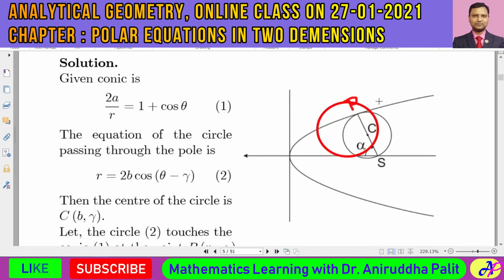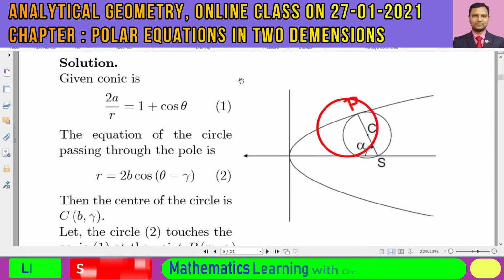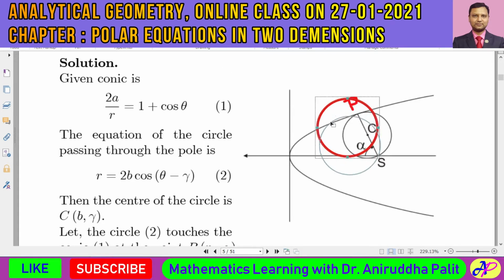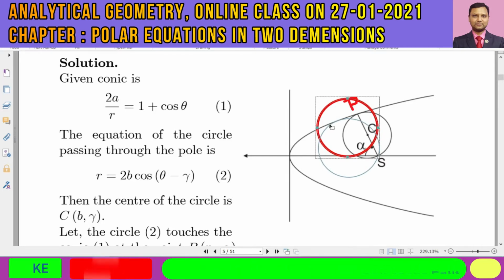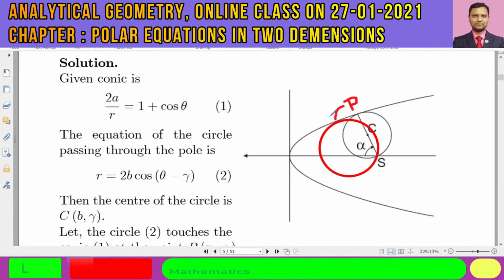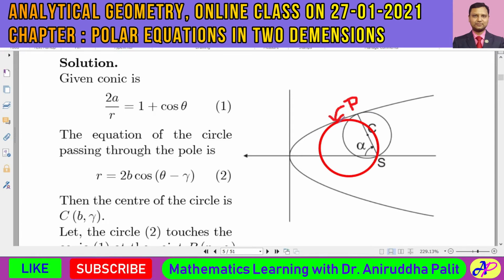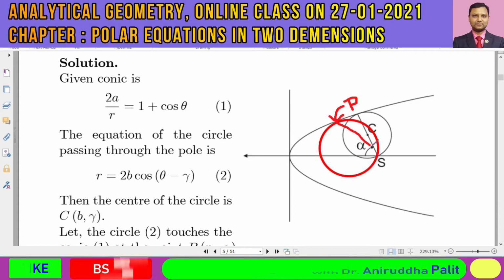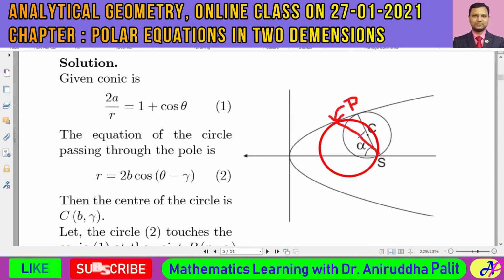It would be a bit easier for me to show. Let me shift this one. Yes, this is a good picture. And now you see over here, this is the point P. This is the point P.